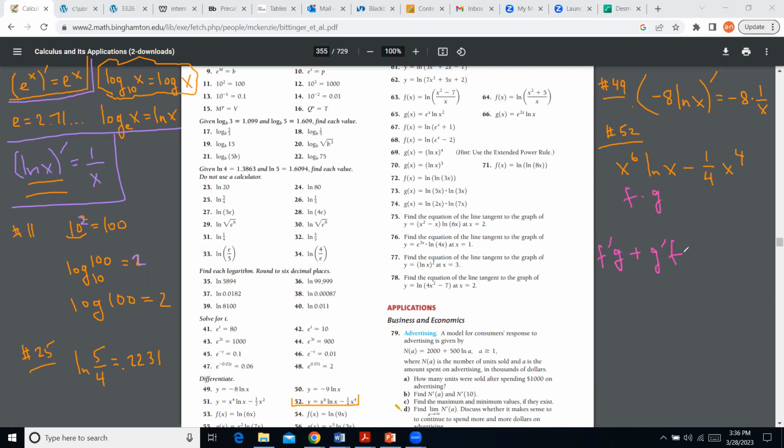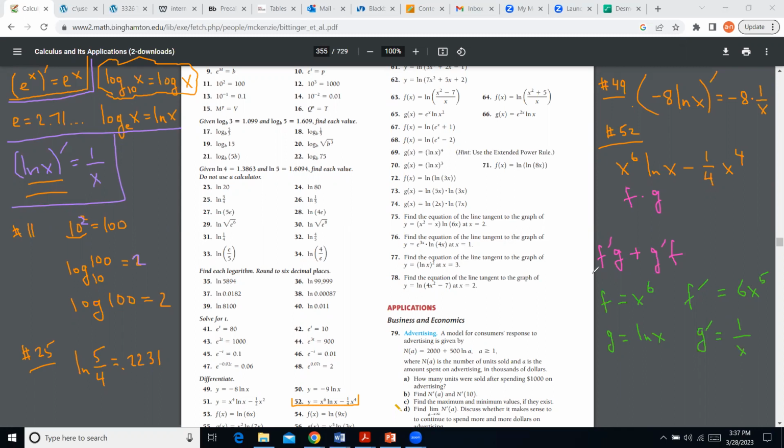I better write it carefully. So we're to prepare these pieces, such as a function f that is x to the 6, function g, which is ln x. Then we need to take their derivatives. It wouldn't be hard to take derivatives of these pieces. They're nice. So the first one will be 6 on the ground and x to the power of 1 less, 5. You still remember that? So we subtract 1 from the power, right? And then the derivative of ln, which is 1 over x.